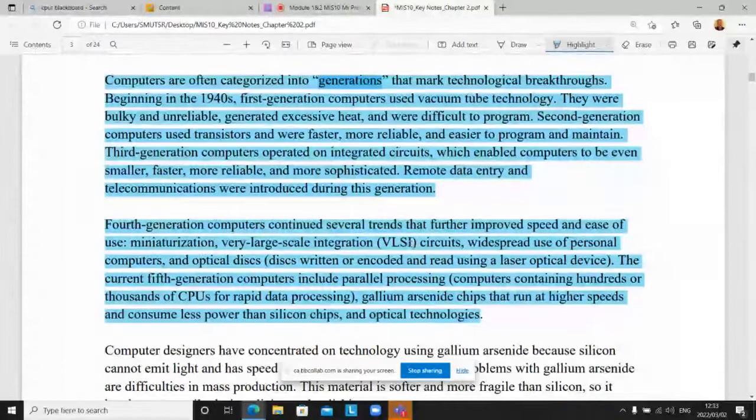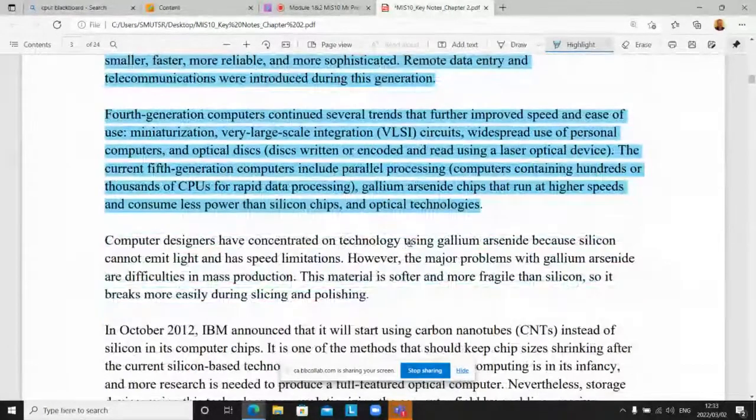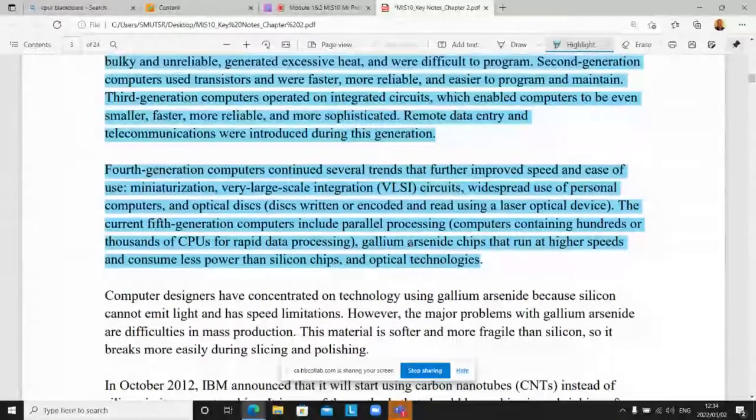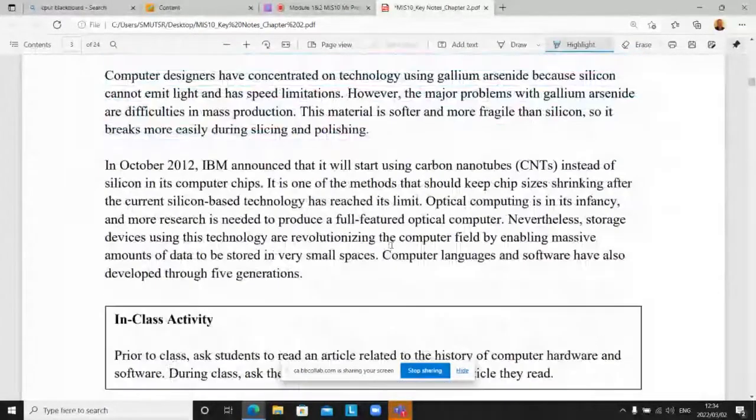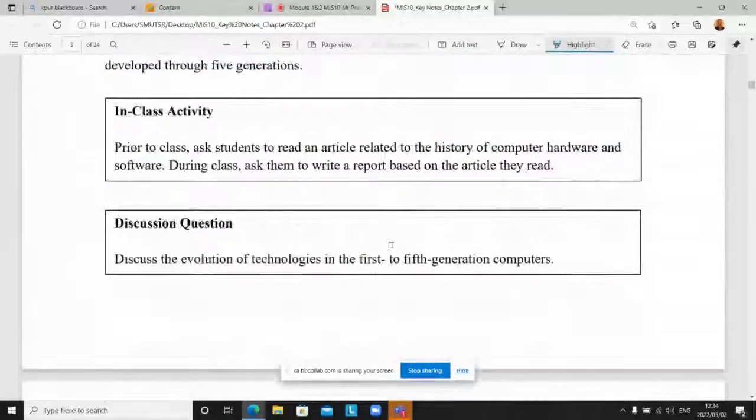So that is VLSI. It is making things much smaller. The CPU becomes tiny. Everything becomes tiny. Your smartphones and tablets all run on things called ARM processors. ARM is a company that designs processors, and then anybody can manufacture them. It's an open license. Okay, let's have a look here.